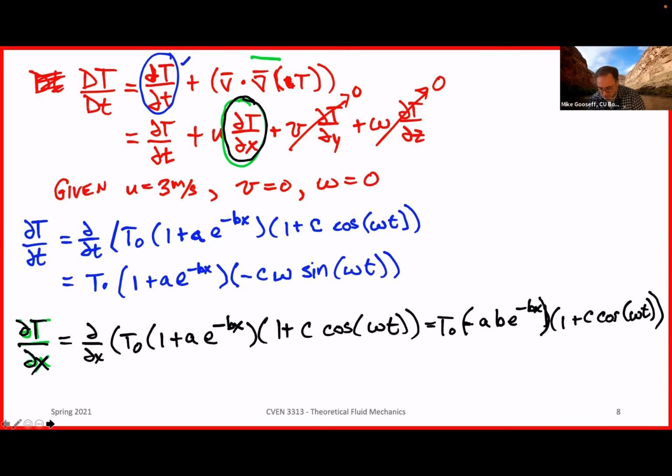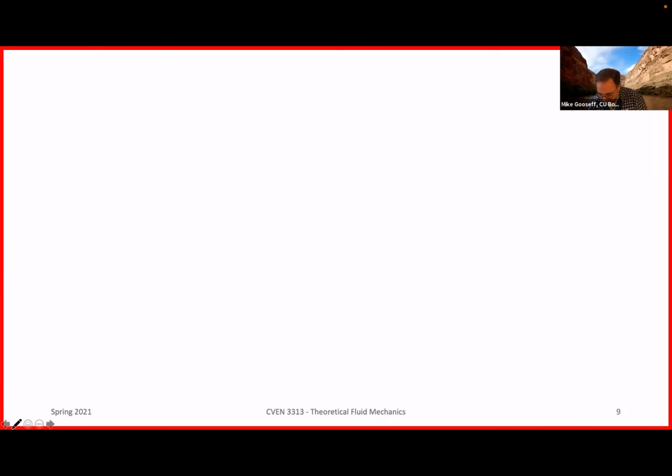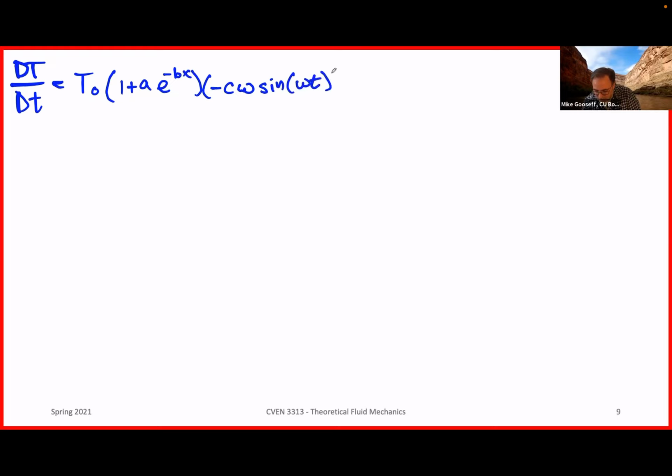So we now have, let me go back to blue to put it all together. dT is equal to T naught times 1 plus a e to the minus bx times minus c times omega times the sine of omega times t.